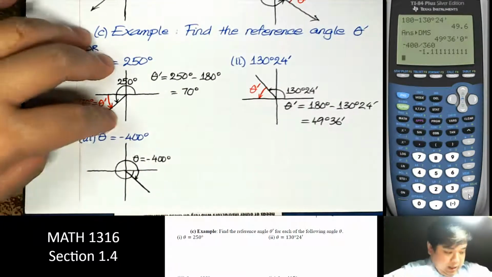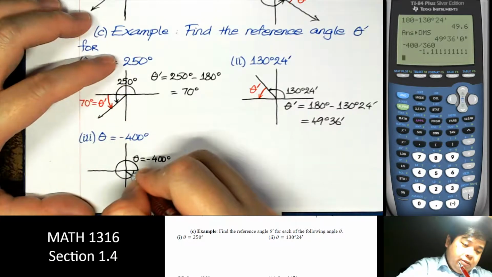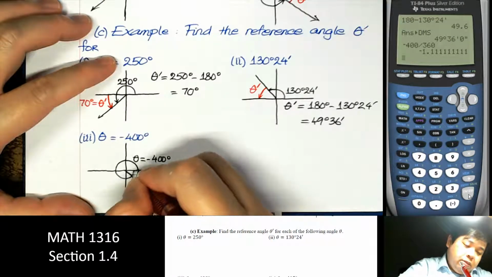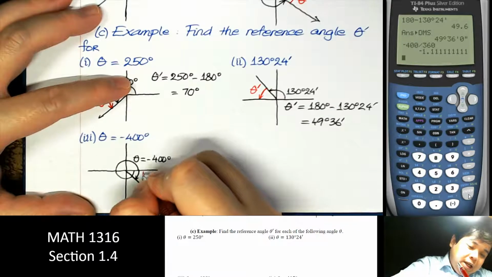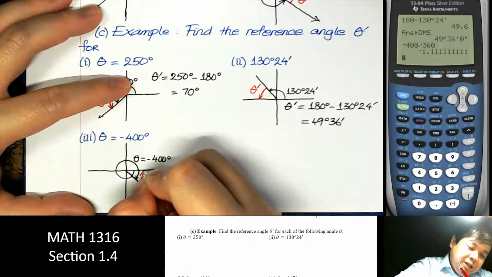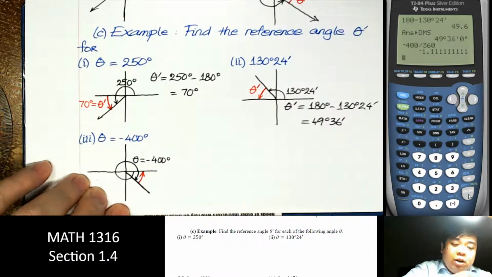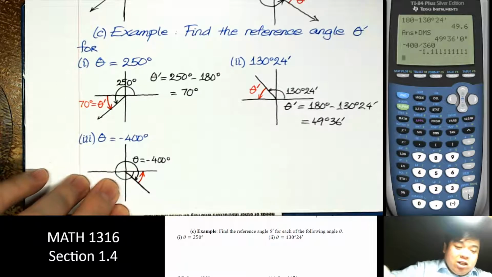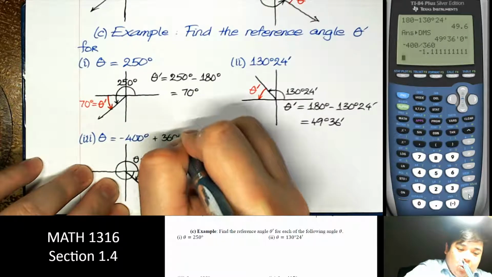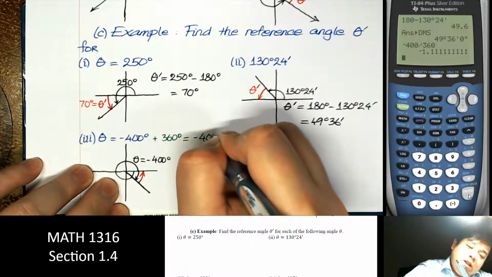Now, if we want to make a reference angle, it has to be this one. First, we can always add 360 to it to have a coterminal angle, and when we do that, we have negative 40 degrees.